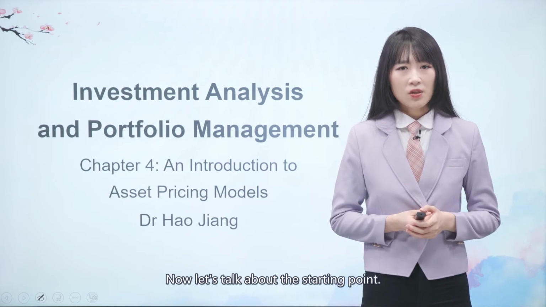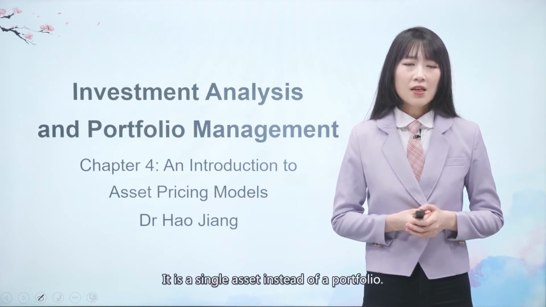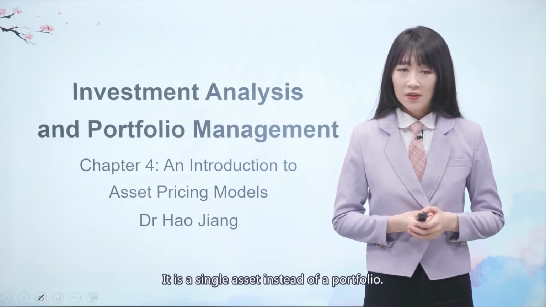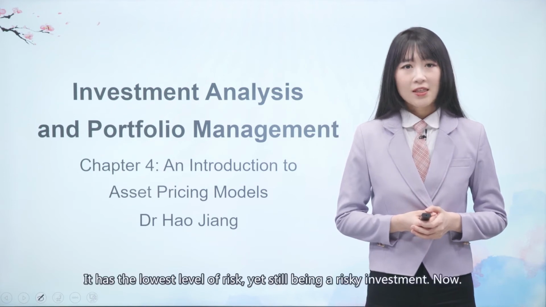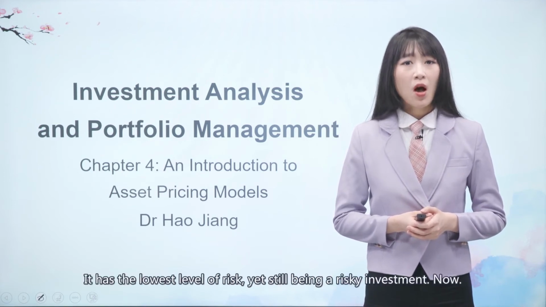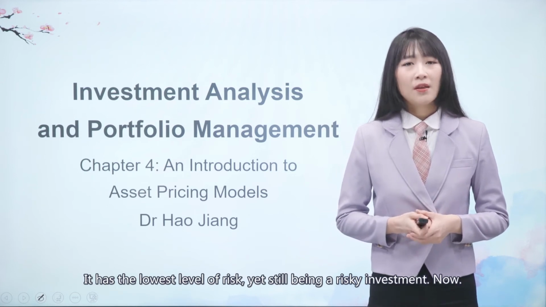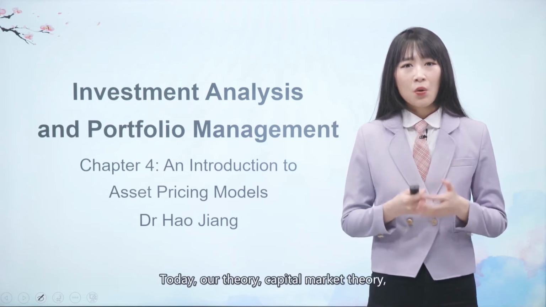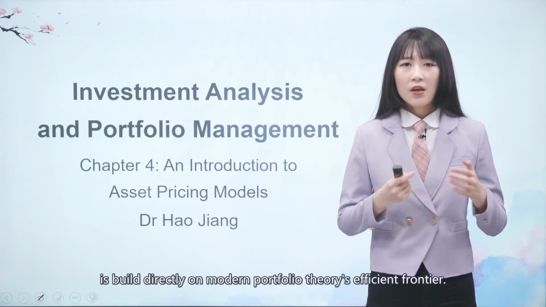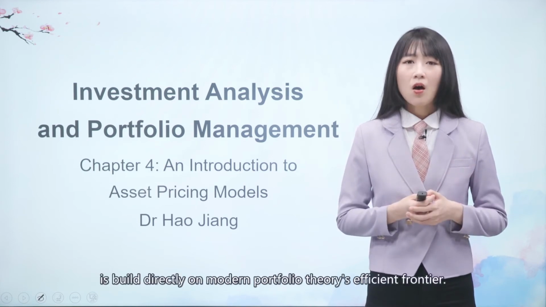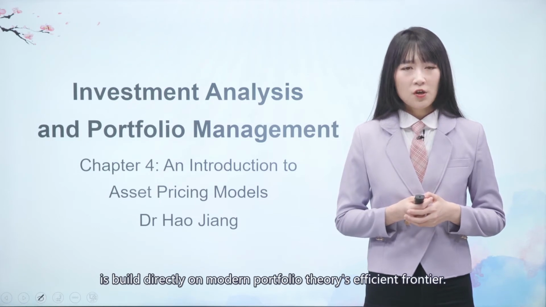Now let's talk about the starting point. It is a single asset instead of a portfolio. It has the lowest level of risk, yet is still a risky investment. Today, our theory, capital market theory, is built directly on modern portfolio theory's efficient frontier.